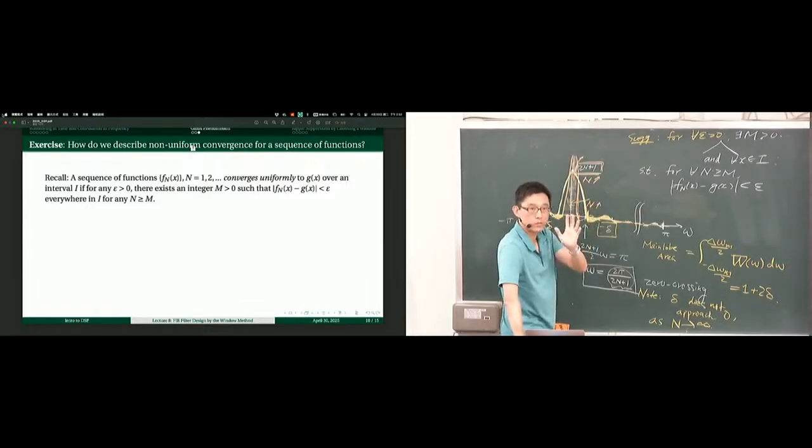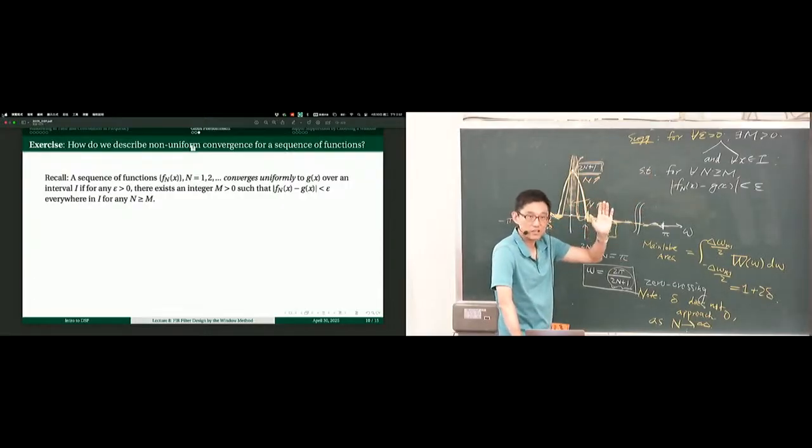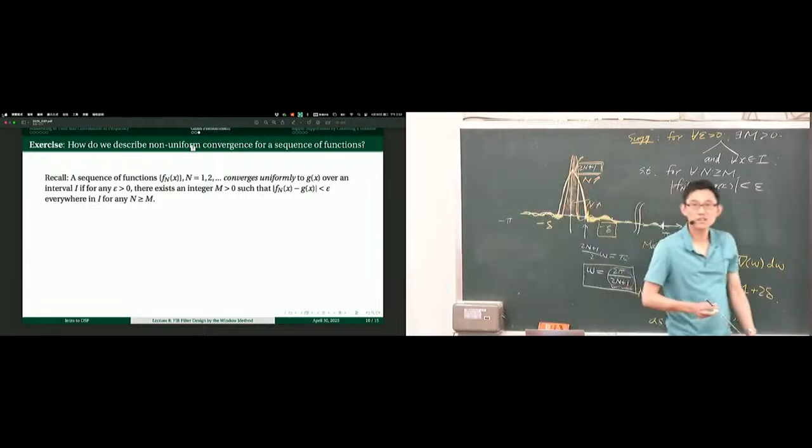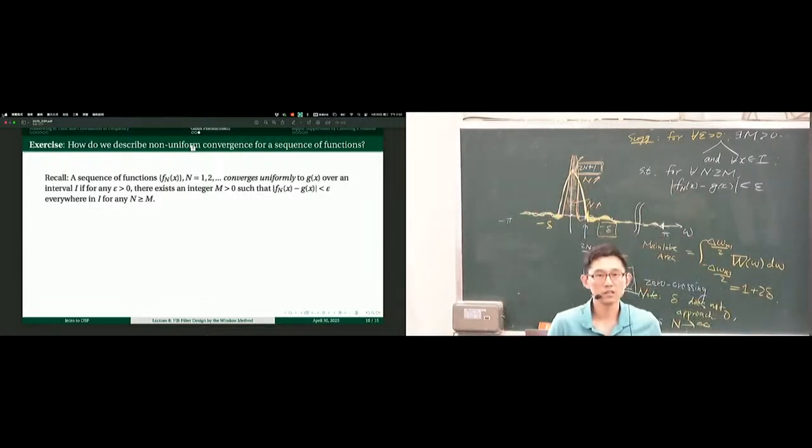So if we want to specifically define what it means for convergence to be non-uniform, how do we modify the definition? That's my question. Yeah, please go ahead. Bigger than.